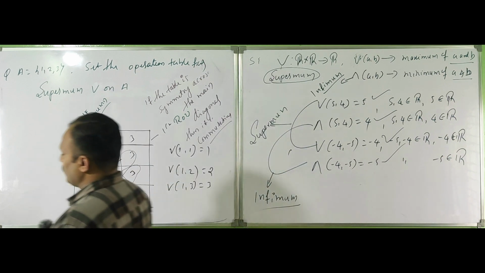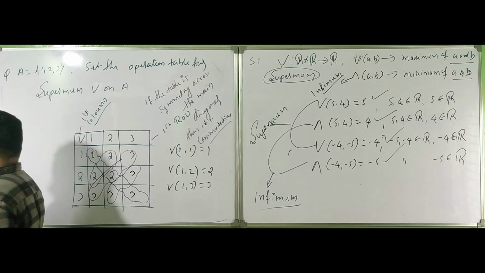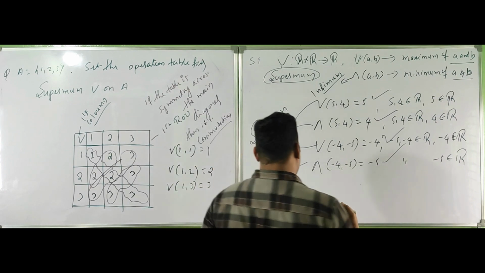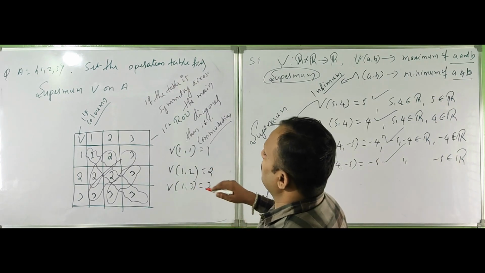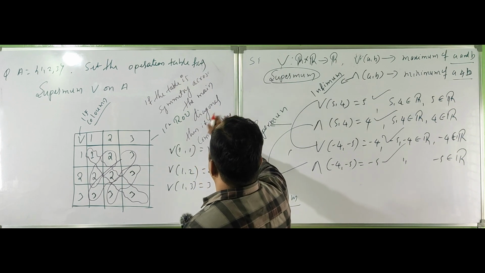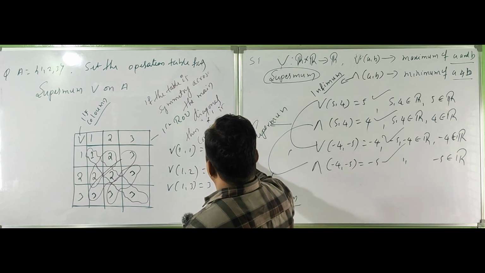Right? The statement: star is commutative if the operation table has symmetry across the main diagonal. Here, star is commutative, or abelian.